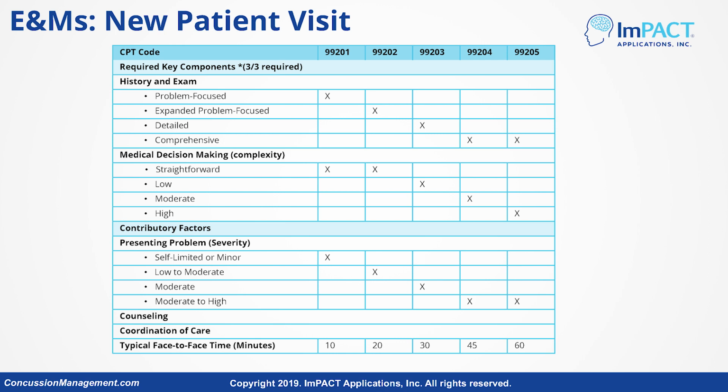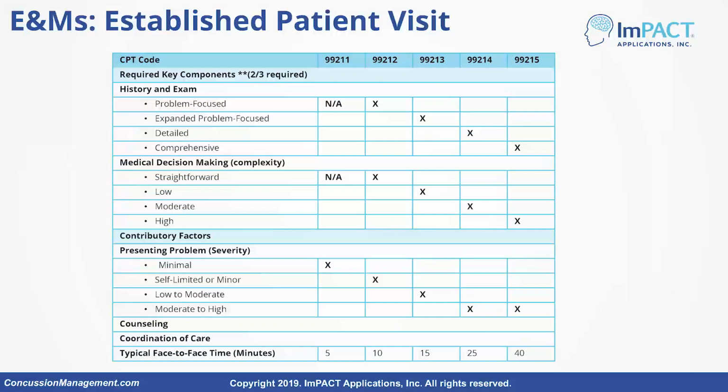With a new patient visit, it's not uncommon to have a very complicated case, but in almost every case you're looking at a 99203, 99204, somewhere in there. Same with the established patient. Again, the time and the complexity of the decision process, along with the presenting problems, will determine which of the codes you choose.